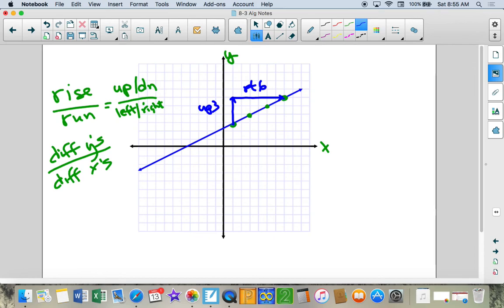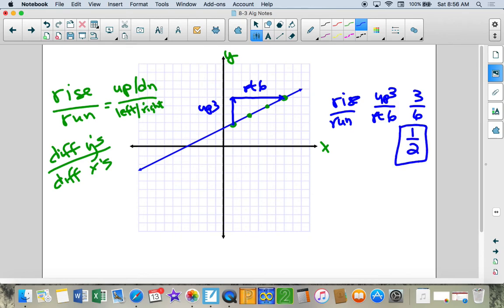So rise over run, how much did I rise? I went up 3. And how much did I run? I went right 6. Up is always going to be positive. Right is also going to be positive. Down would be negative, left would be negative. If we go left on the x-axis, that would be towards negative numbers. So 3 over 6, which simplifies to 1/2. So the slope of this line is 1/2.